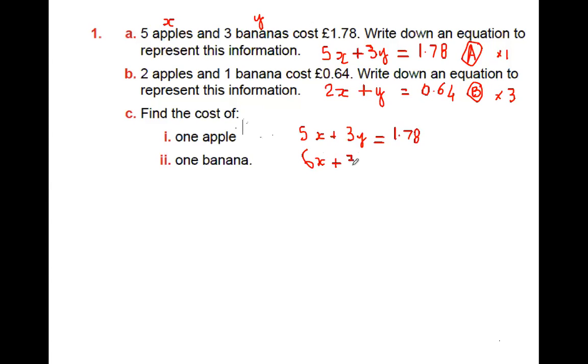Hopefully, by looking at this, I'm going to have more than 1.78. So 3 times 0.64, I get 1.92.